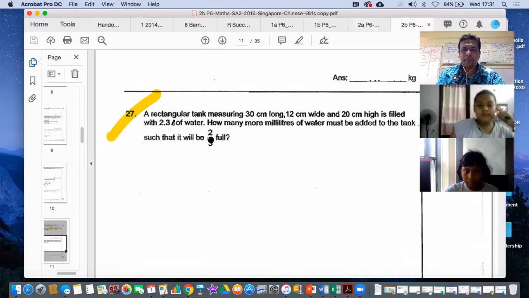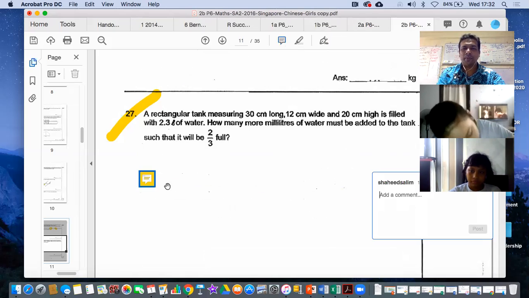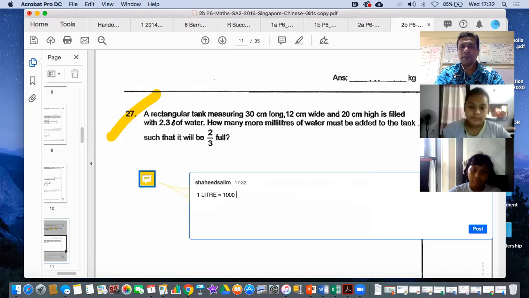Let us see. You have a rectangular tank, 30 cm long, 12 cm wide, 20 cm high, filled with 2.3 liters of water. So 2,300 is what you have converted. 1 liter is equal to how many? 1,000 cubic cm.